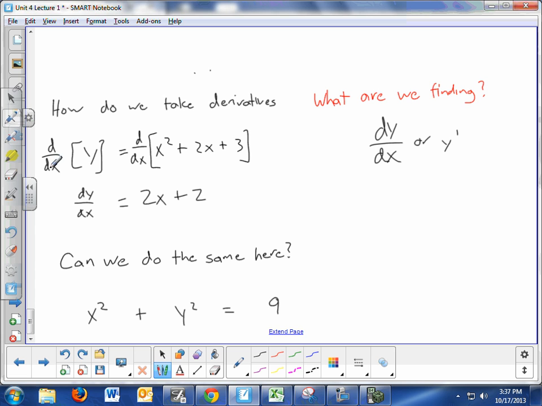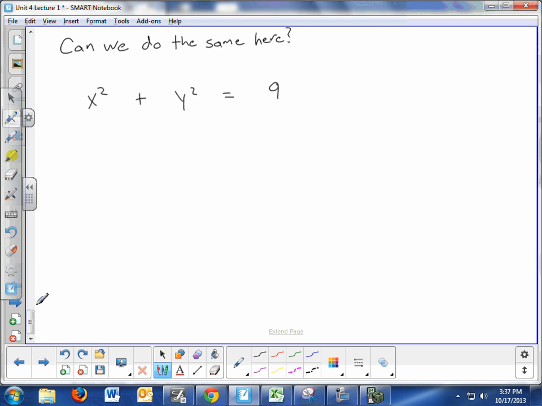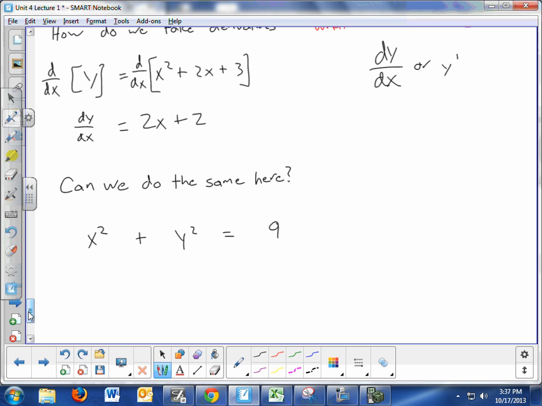Well, can we do the same with our implicit equation? That's the million-dollar question. Can we take the derivative of this? Well, let's see. We would do the same thing. We'd take the derivative of the left side and we'd take the derivative of the right side, right?